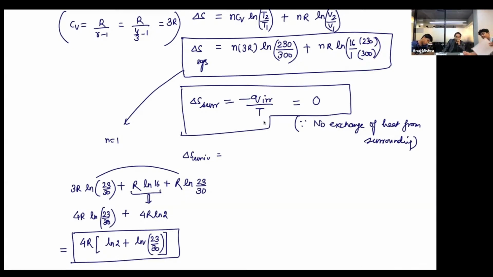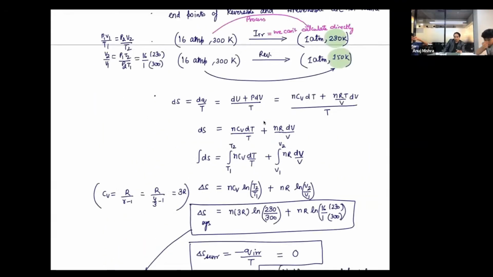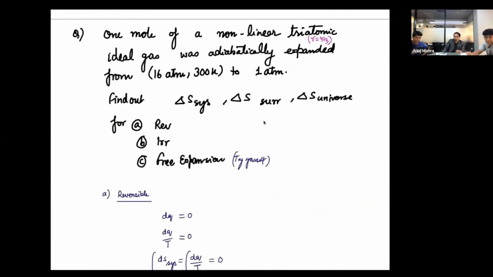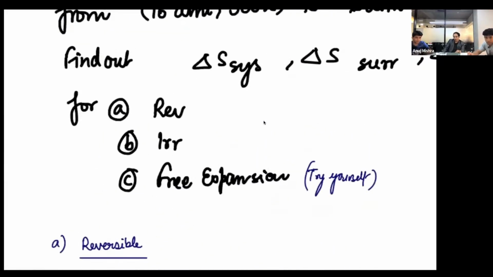Any problem with this? Delta S universe is clear. Delta S system is clear. Delta S surrounding is also clear. Okay, now come to the next part, the third part, free expansion.